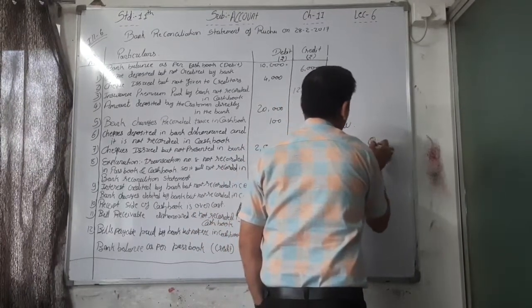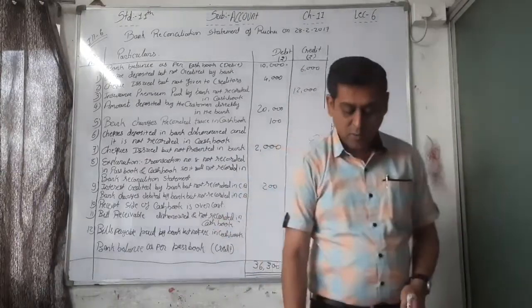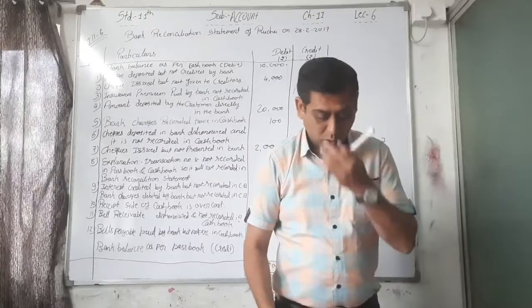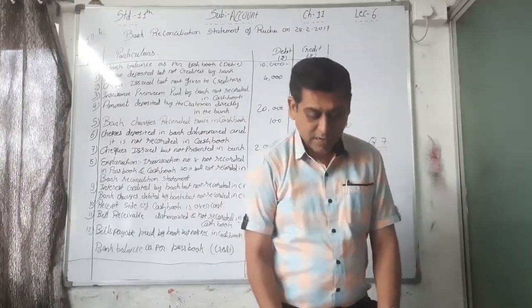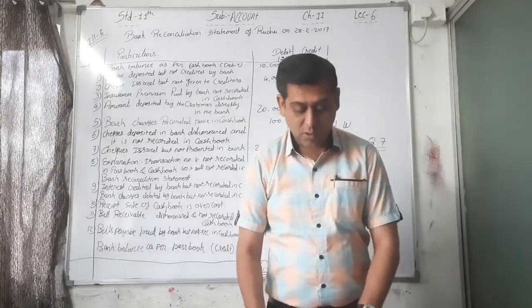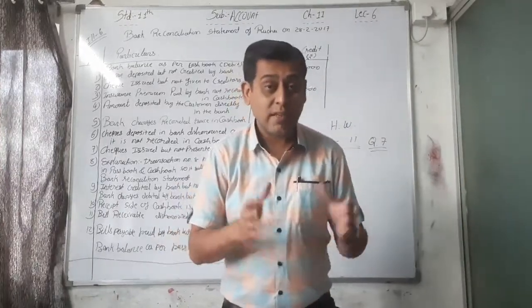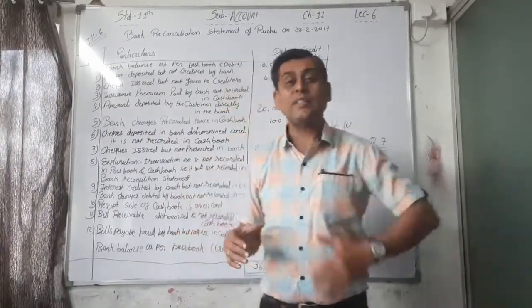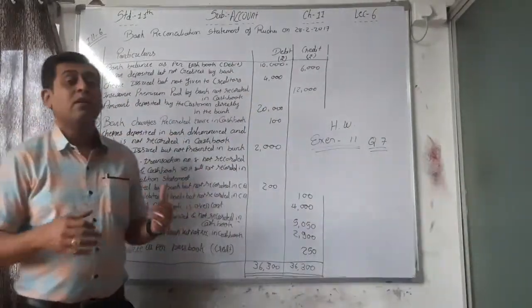Only one question you have to do. Question number 7 is a difficult one, and that's why you have to do only one sum. If you have any doubts, then we will discuss that also in our next session. But till then you have to do just one sum of the exercise, and if you have not done these 5 and 6 sums in your exercise book, they are already discussed in this lecture.